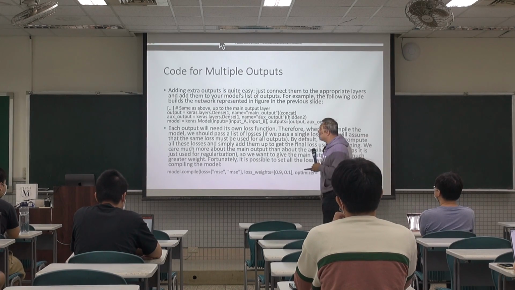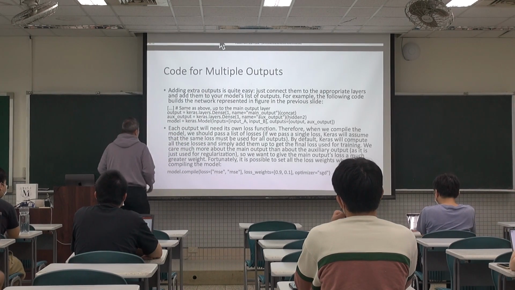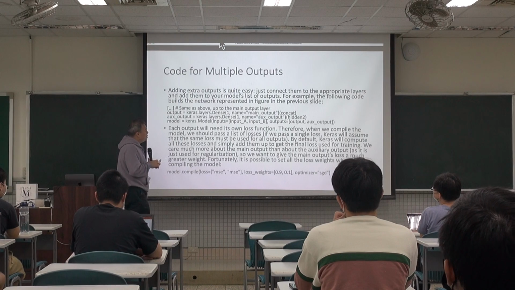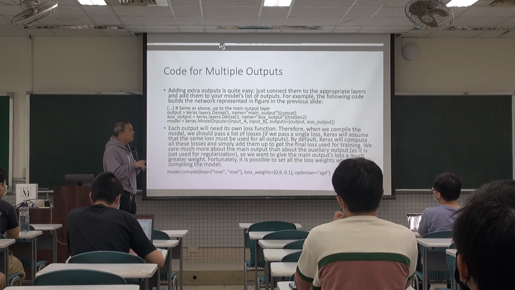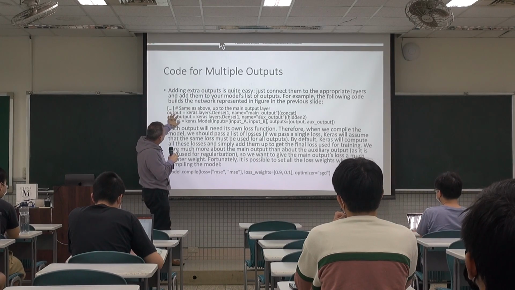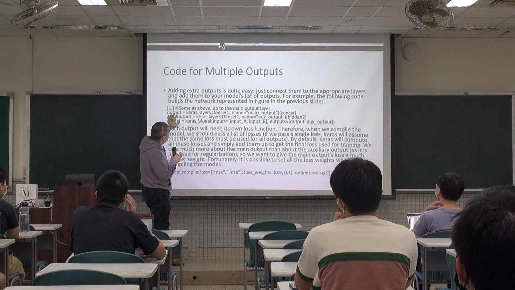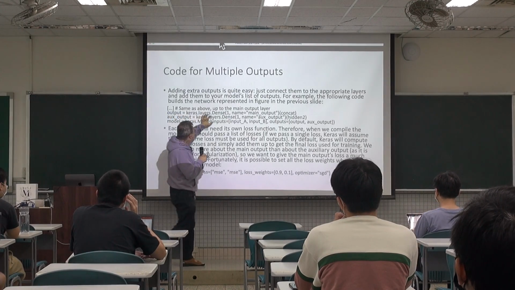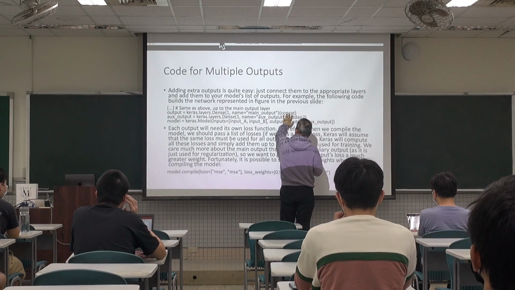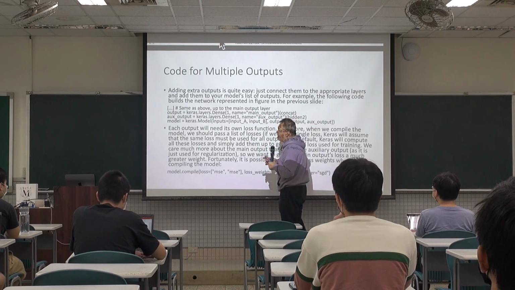Here is the code. The other parts are identical to the multiple input one, so we only show the code that is different. We have the output, which is the primary output, pretty much the same, because it uses the concatenation layer as the previous layer. But we have this one additional output.